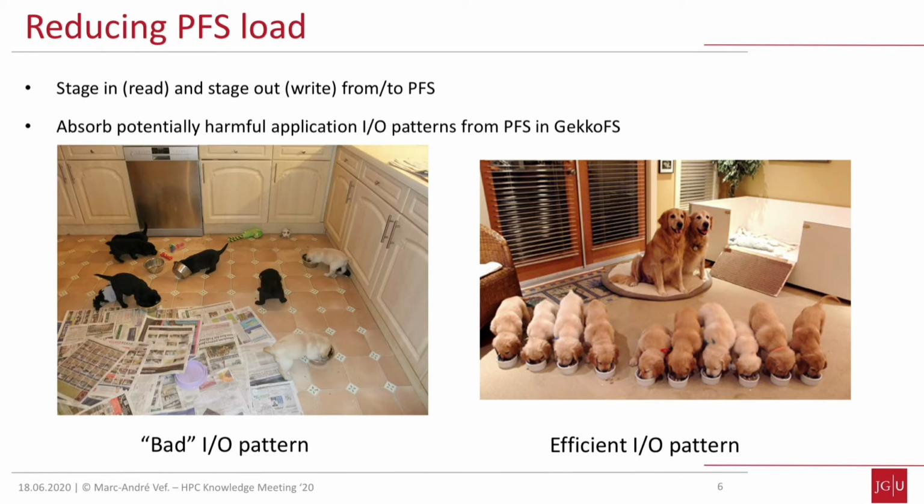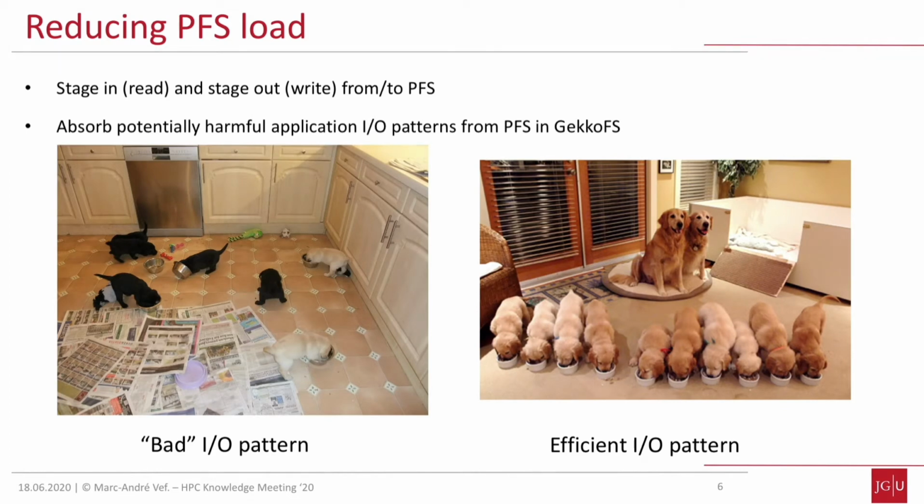After all, the parallel file system is a shared resource, and if it only has to deal with very efficient I/O patterns, such as sequential I/O, then it works a lot better. The idea with an ad hoc file system like GekkoFS is to absorb these I/O patterns so that we can later write them out in a more sequential fashion in the stage out process.